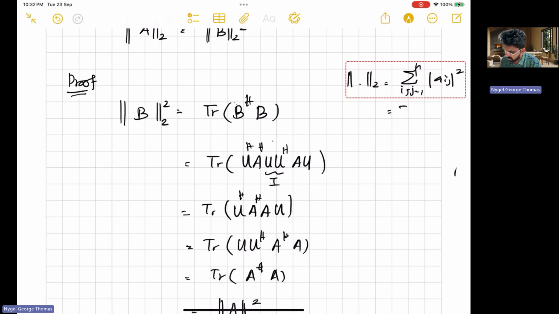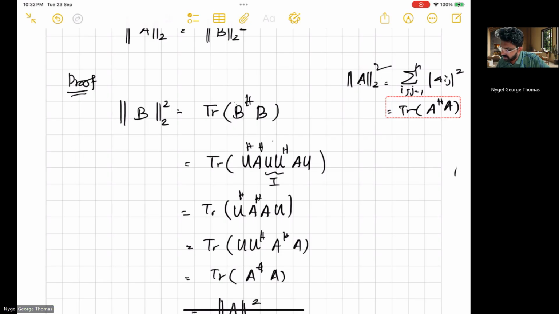Also, this is equal to the square root of the trace of A Hermitian A. So the Frobenius norm can also be written in terms of the trace of the matrix A Hermitian A. We'll use a similar result here. The Frobenius norm of B squared is equal to the trace of B Hermitian B.